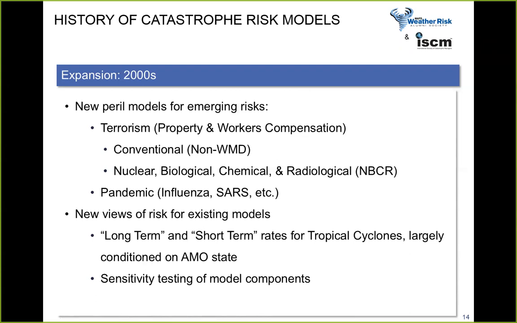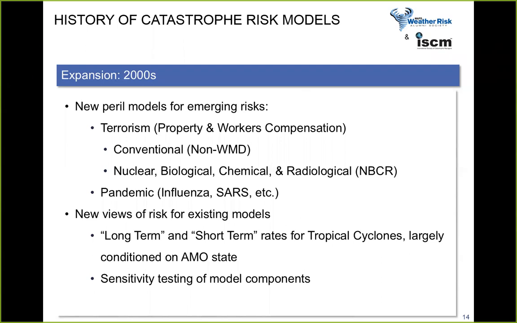Also, it was in the 2000s when these models started to get extra knobs and buttons within them, particularly after the 2004 and 2005 seasons, where we saw 12 hurricane landfalls in the United States. So modelers started saying, okay, we do see these more active and more quiet periods in the Atlantic, and depending on your view of the risk in the Atlantic, it might make sense for you to measure your risk to this more active warm phase period, or you might be okay with still going with the long-term average.